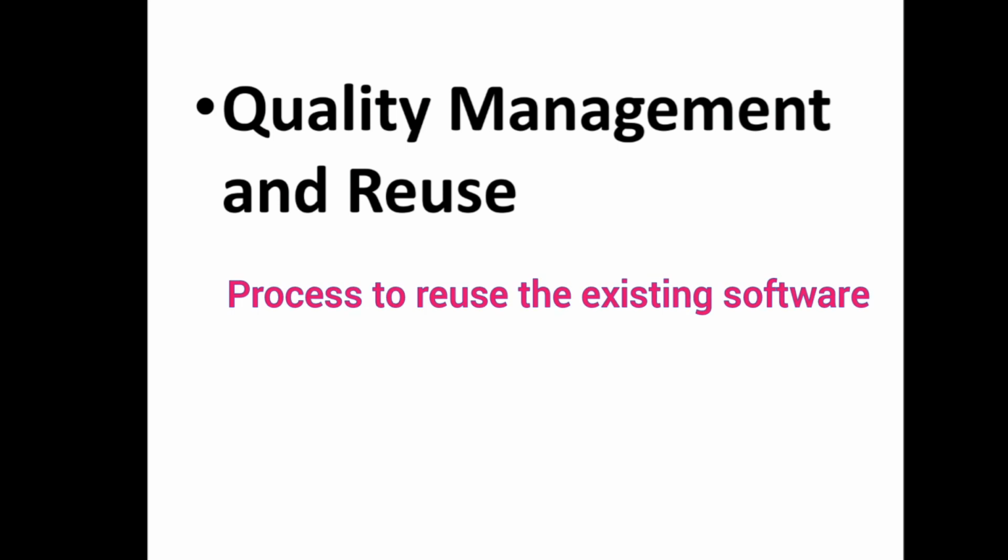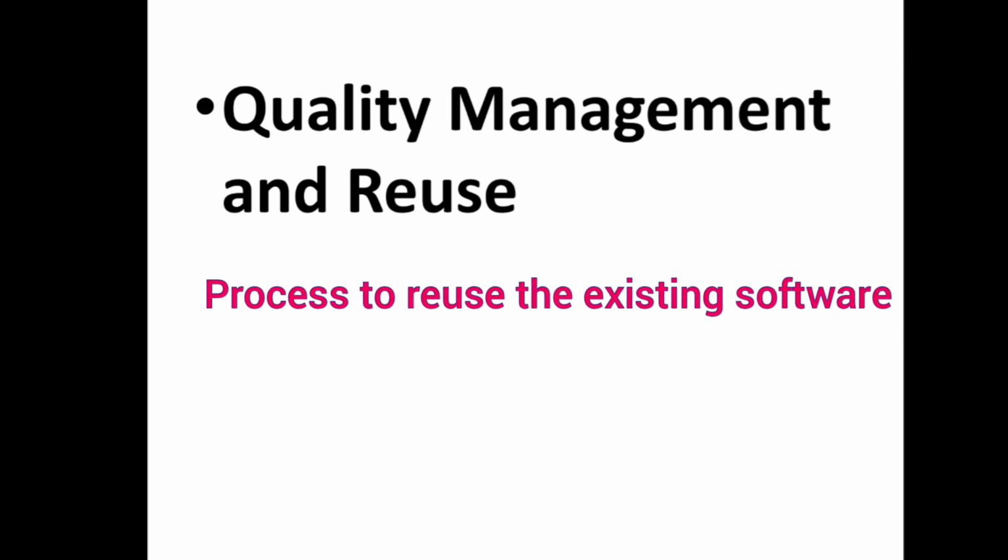And the reuse approach in software engineering is a strategy where the development process is geared to reusing existing software, which may be reused by incorporating it without changing into other systems or by configuring the applications for different users. So questions can also come on this topic, that is quality management and reuse.